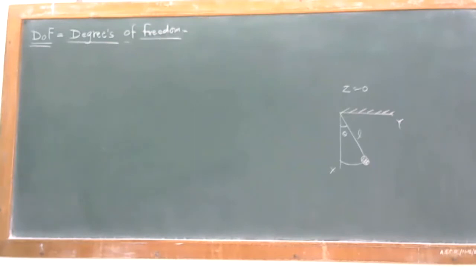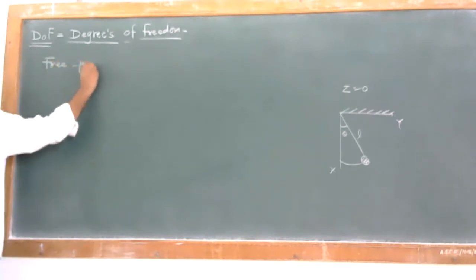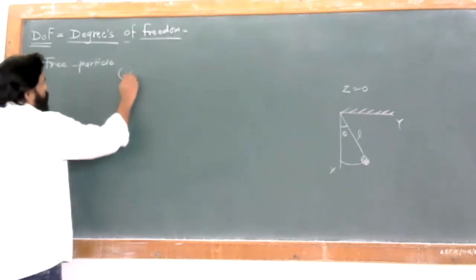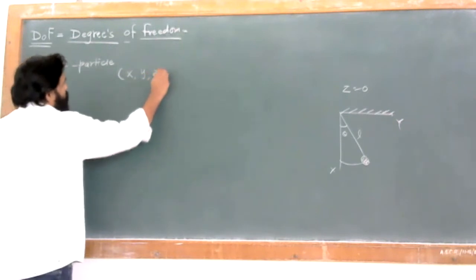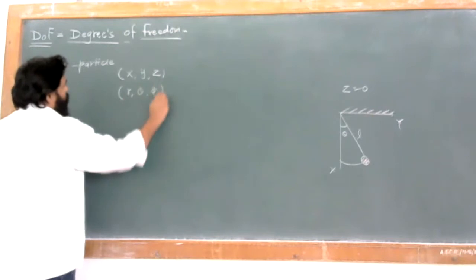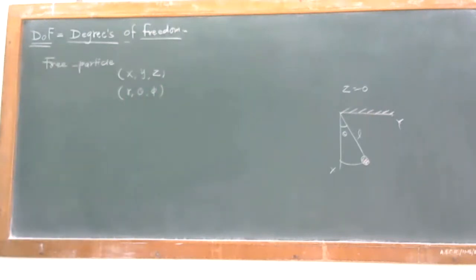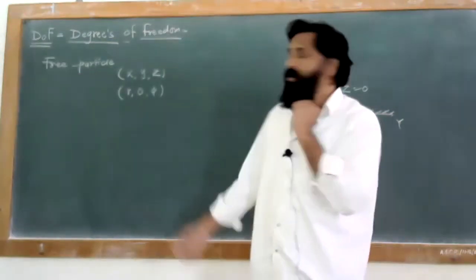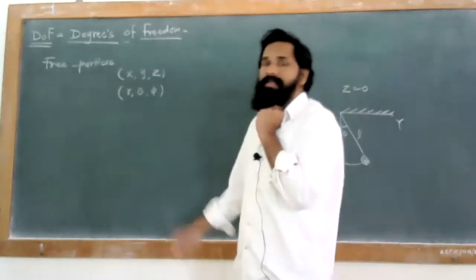We have to consider the motion of a free particle. You can describe its motion in a Cartesian coordinate system, or in terms of a spherical polar coordinate system, that is r, theta, phi. So you can express the motion of the free particle with the coordinates x, y, z, or the coordinates r, theta, and phi.